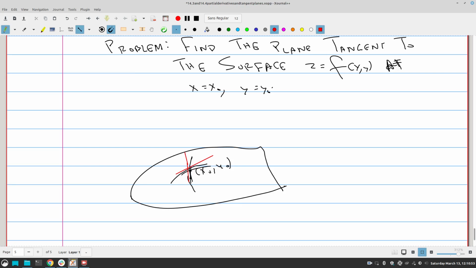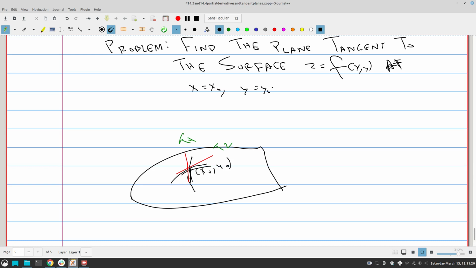Let's call them T1 and T2. Now let's treat T1 and T2 as vectors, and T1 and T2 are going to span the tangent plane.